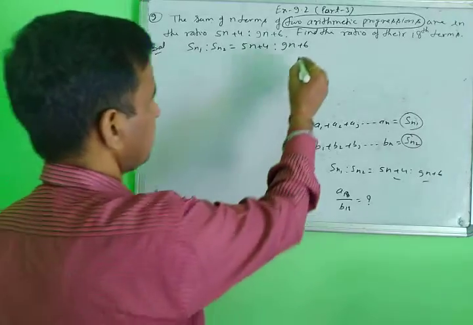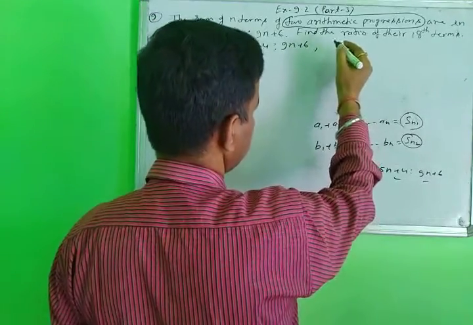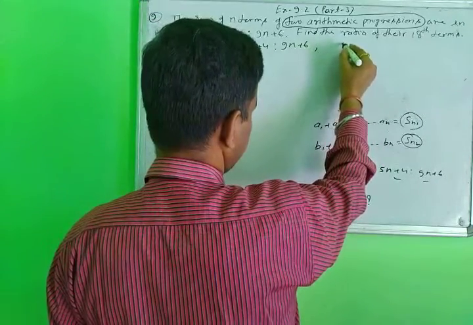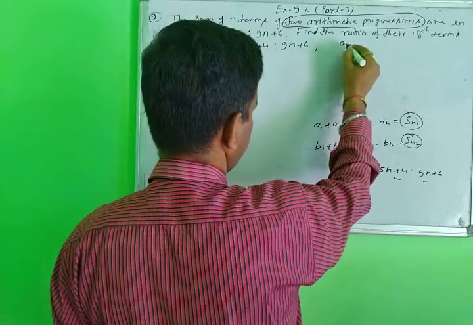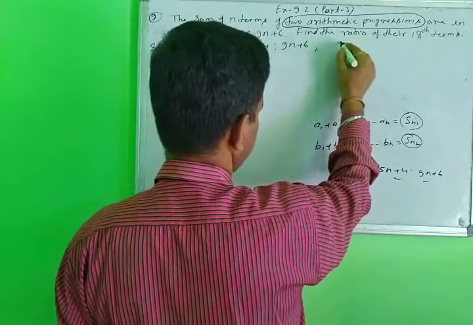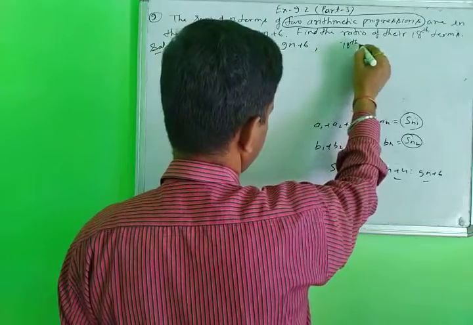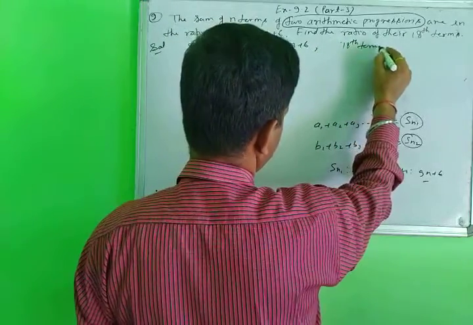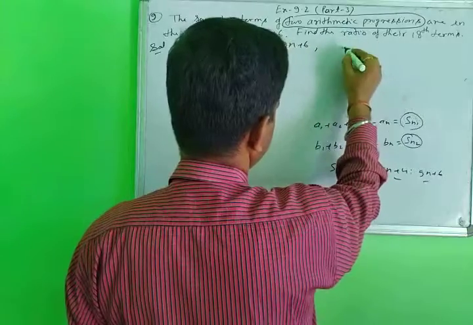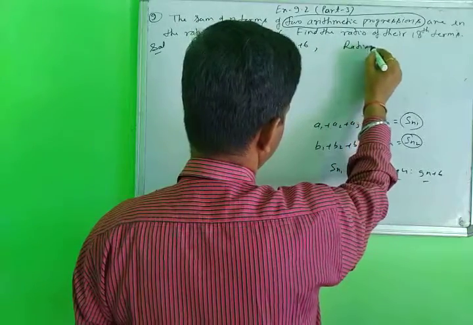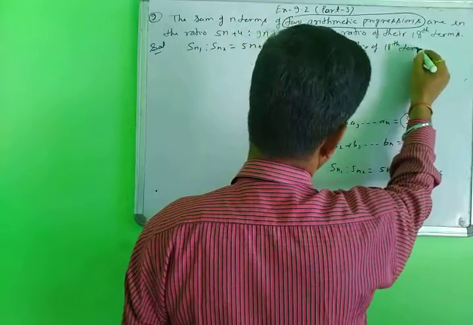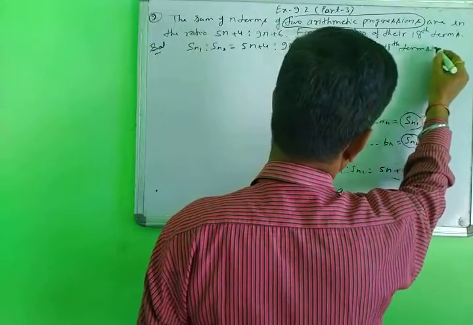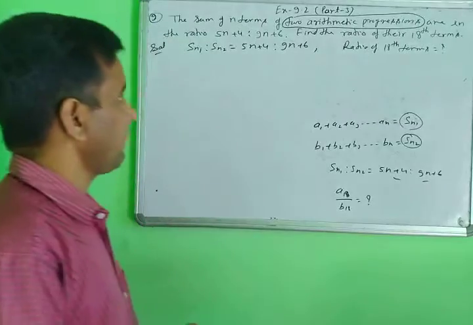And what you have to find is the ratio of the 18th terms.